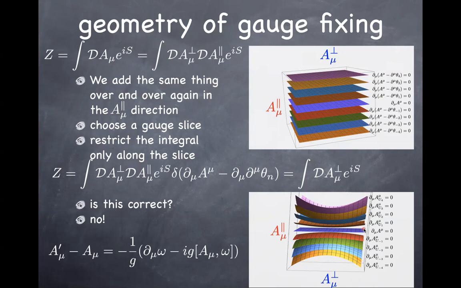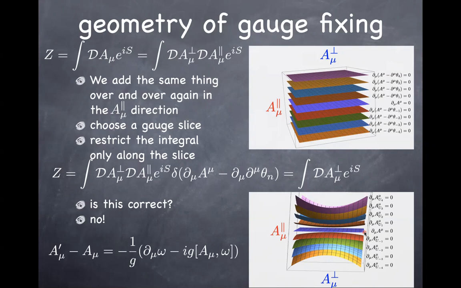So if that's the case, when you try to restrict your integral to one of the slices, you can make a mistake, because in some sense here the gauge slice is supposed to be thicker and here it is thinner, because the distances between these gauge slices now vary along this horizontal direction.